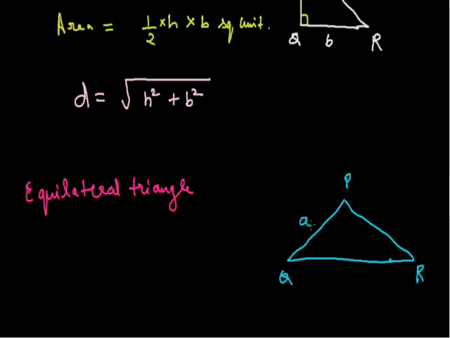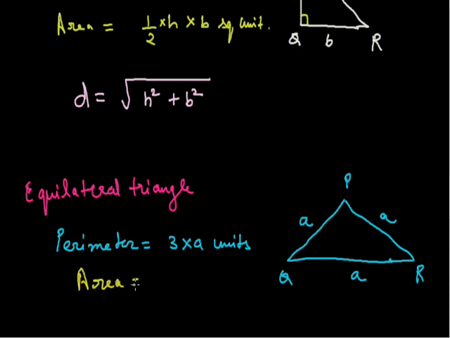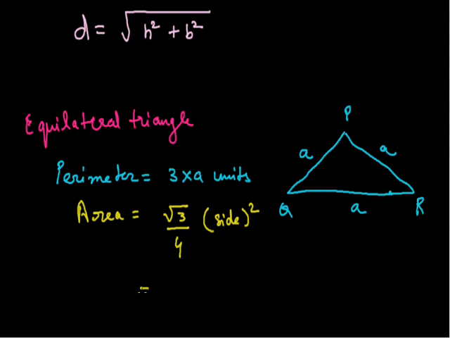If I take this side as A unit, then this will also be A and this will also be A. So its perimeter will be 3 into A units and the area will be root 3 by 4 side square, or we can say root 3 by 4 a square units.